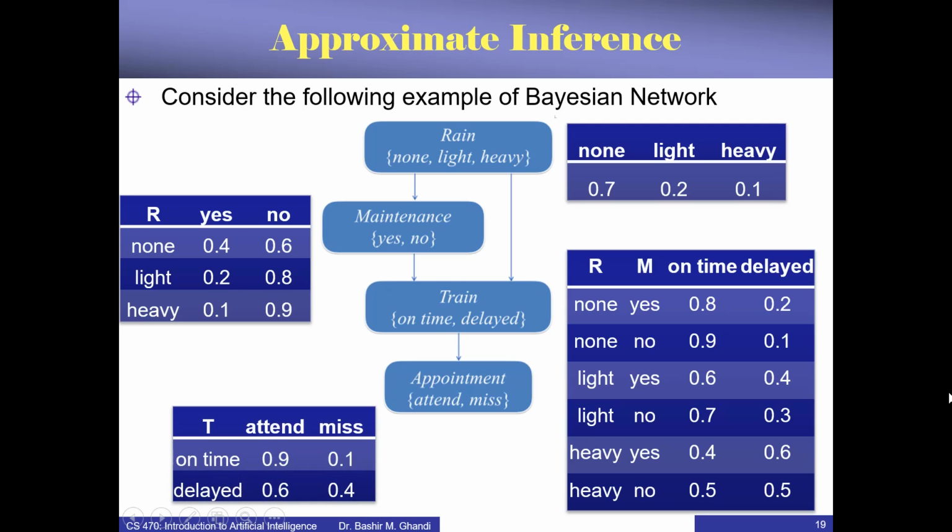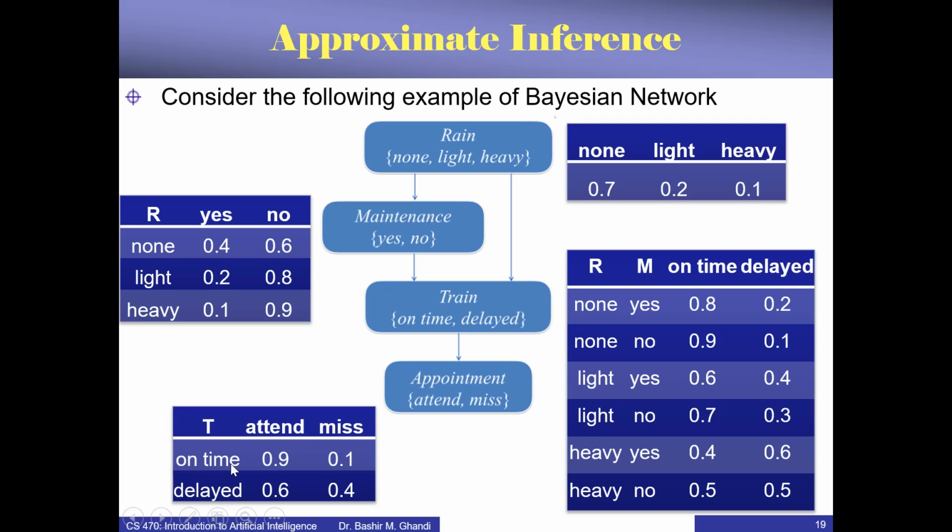The last conditional distribution is about the appointment itself, whether we were able to meet it or miss it. This depends only on the train, and therefore we have 2 possibilities.